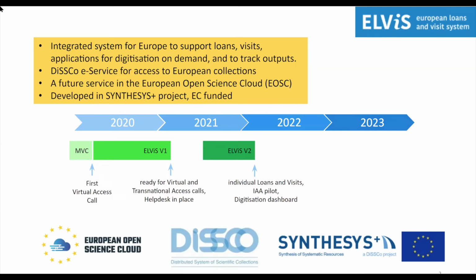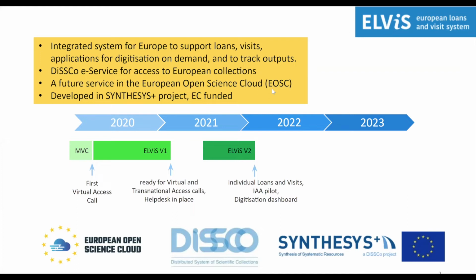Then we intend to leave the software for a while for usage and to see what improvements need to be made. And then we will start a second round of development towards ELViS version 2. That version will be ready early 2022 and will support individual loans and visits. It will also have pilots for authorization access, and it will include the integration of the digitization dashboard, one of the other services that is being created in the Census project.